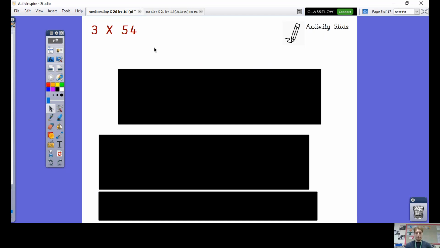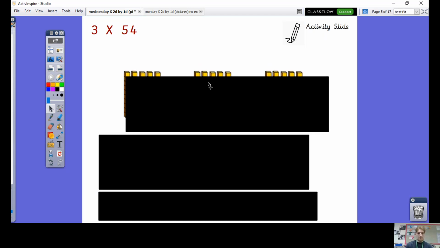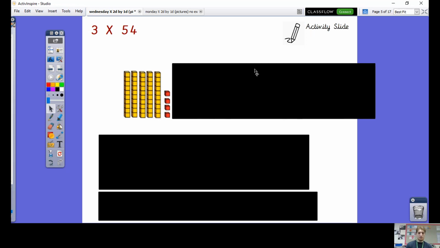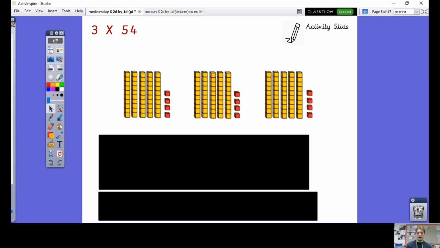Okay, right, let's go through the answer then. We should have firstly drawn out 3 groups of 54. We should have 5 tens and 4 ones in each group, and we should have 3 groups.